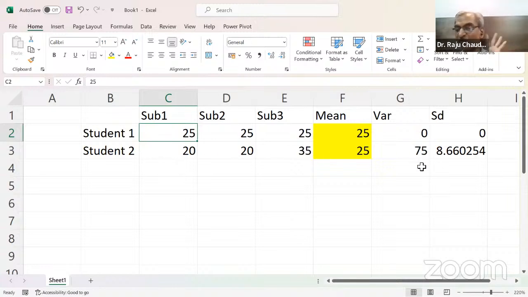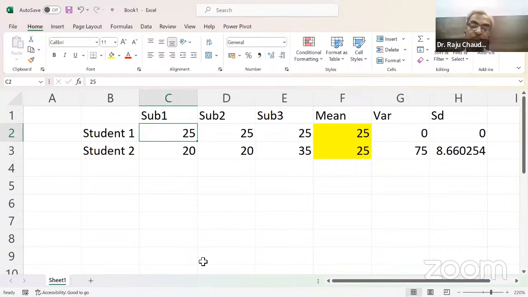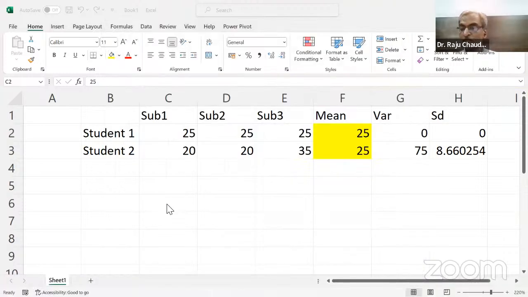So actually, what is the formula for the variance, right? The formula for the variance is, let me show you. Because I don't have a writing pad, otherwise I would show you.